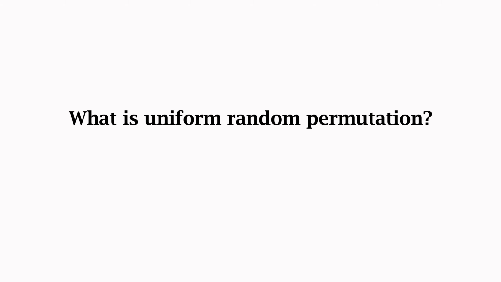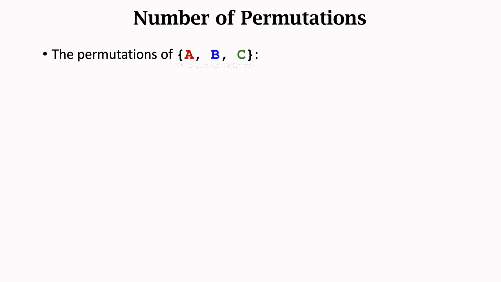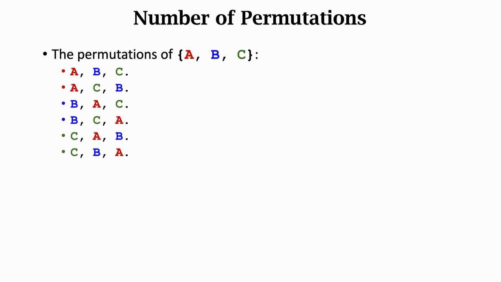Before introducing random permutation algorithms, let's formally define uniform random permutation. In this example, the set contains 3 elements, A, B, and C. There are 6 ways of permuting the elements: ABC, ACB, BAC, BCA, CAB, and CBA.